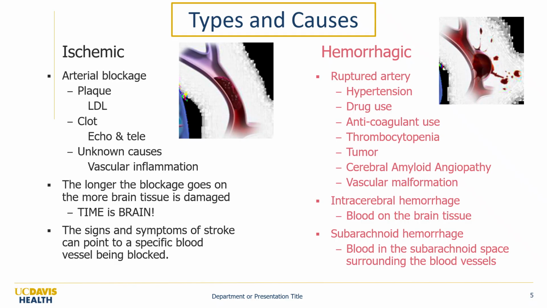In hemorrhagic strokes, the artery in the brain bursts or ruptures, where blood leaks out onto the brain tissue or in the subarachnoid space, as we talked about on the last slide.